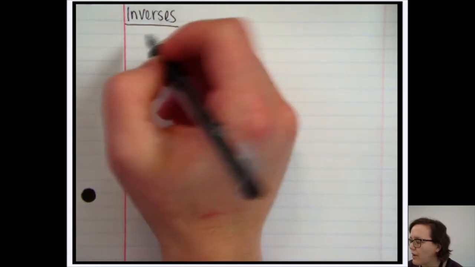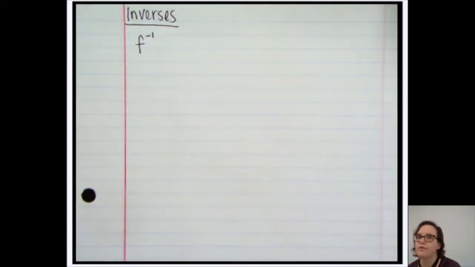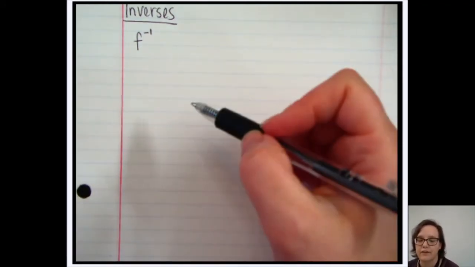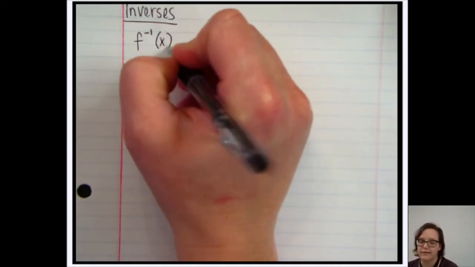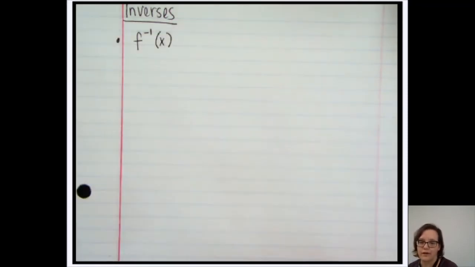Okay, so we are talking about functions, and when we are talking about the inverse of a function, we are going to use this symbol f to the negative first, or f to the negative first of x. Okay, and so that is our symbol for an inverse.